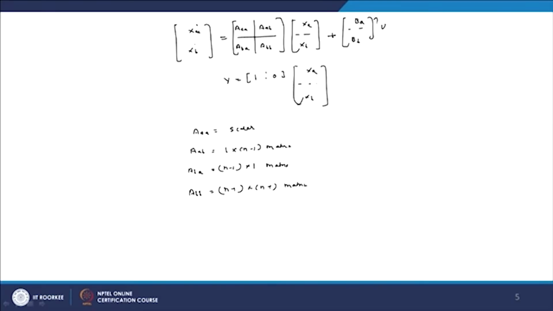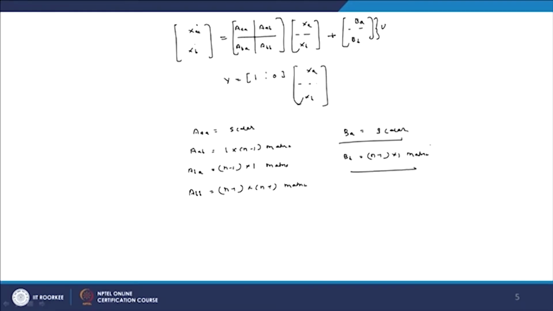BA is a scalar, because we are assuming that x a involves only one measured quantity, and the remaining are unmeasured. Therefore, BA is a scalar, and B suffix B is an n minus 1 by 1 matrix.